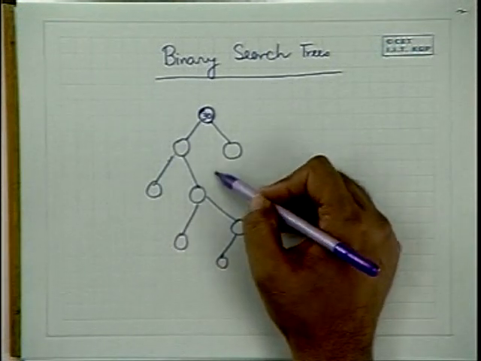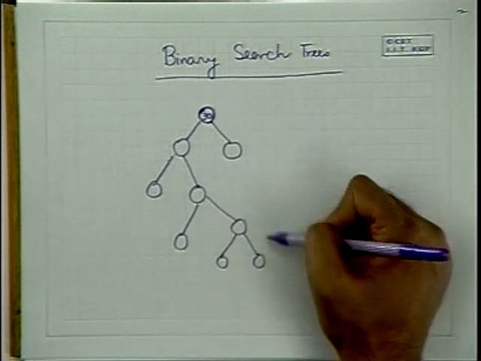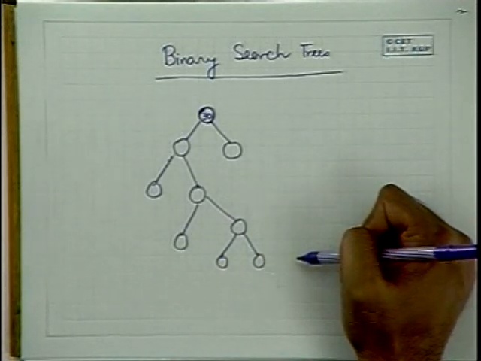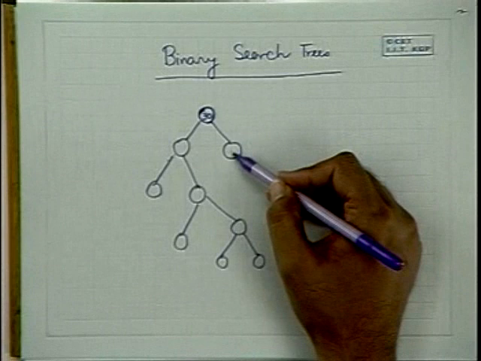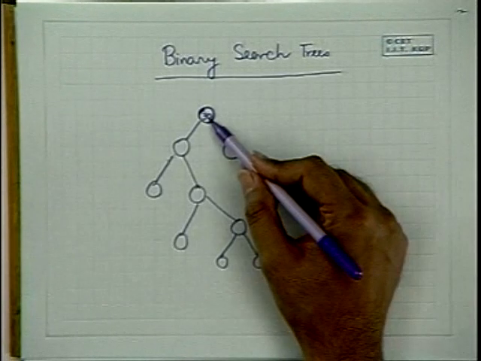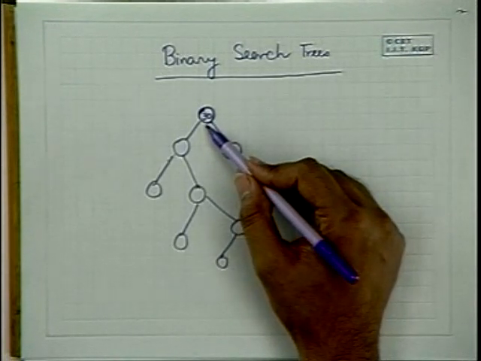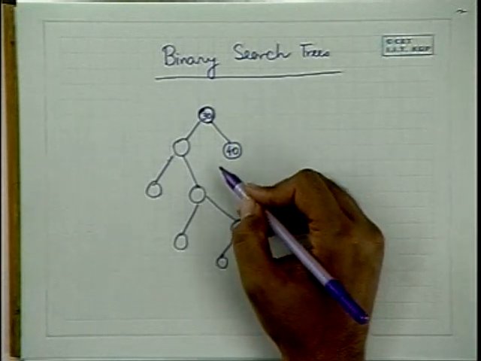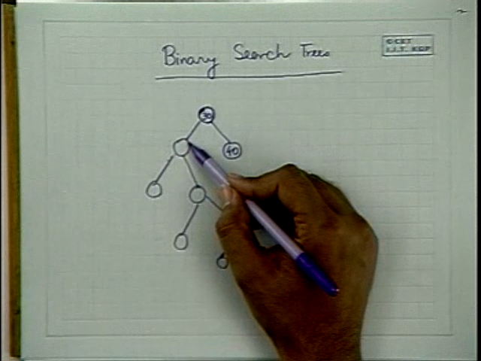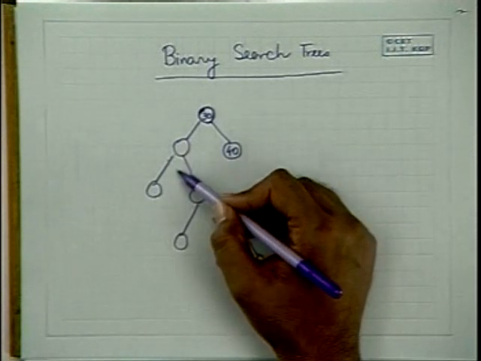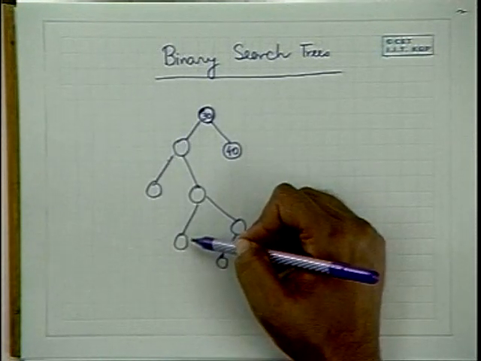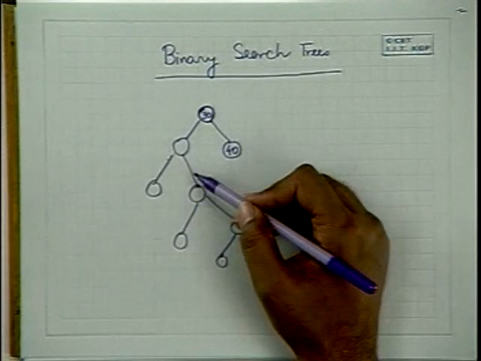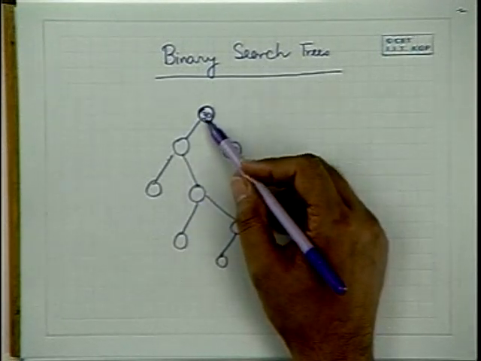All the key values in the right child and its subtree will be greater than the key value kept in the node. So I can put here, say, 40. Similarly, all the key values kept in the left child and its subtree will be less than the key value of 30.